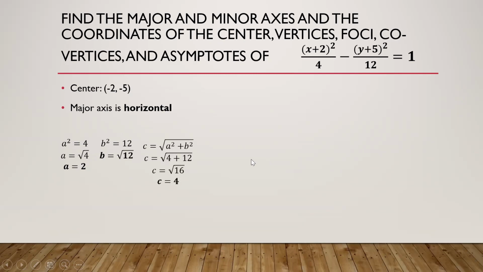For c, we simply have to follow this. So c is equal to the square root of a squared plus b squared. So that's 4 plus 12, that's 16. So the square root of 16 is 4.